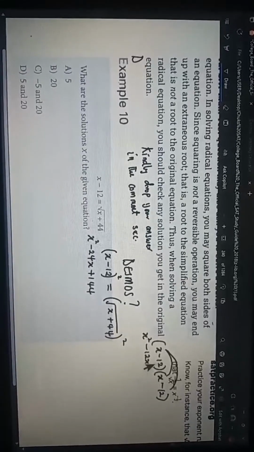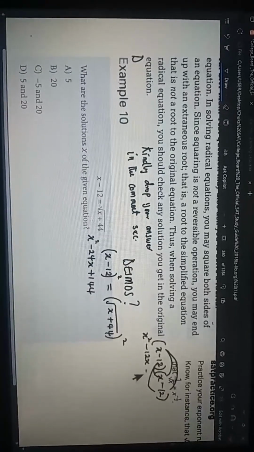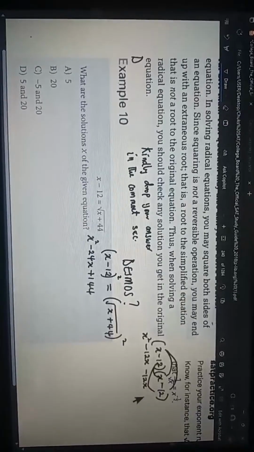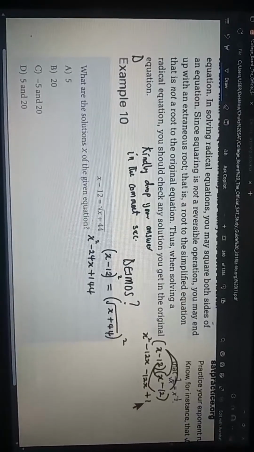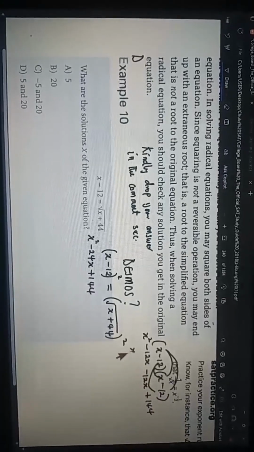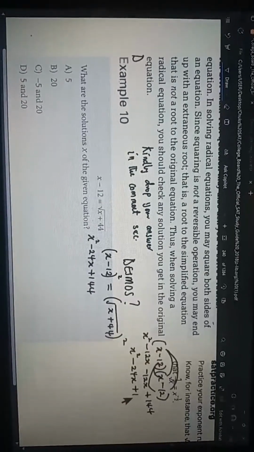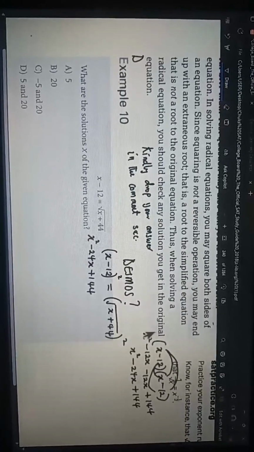Then we distribute with the minus 12: minus 12 times x is minus 12x, and minus 12 times minus 12 is positive 144. Then you clean up the equation: x squared minus 12x minus 12x is minus 24x, plus 144. So that's how I got it when I expanded it.